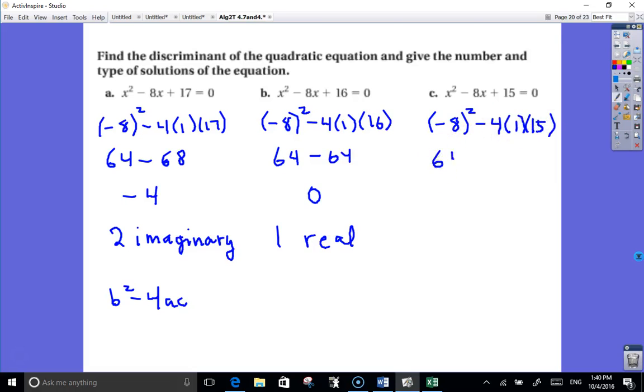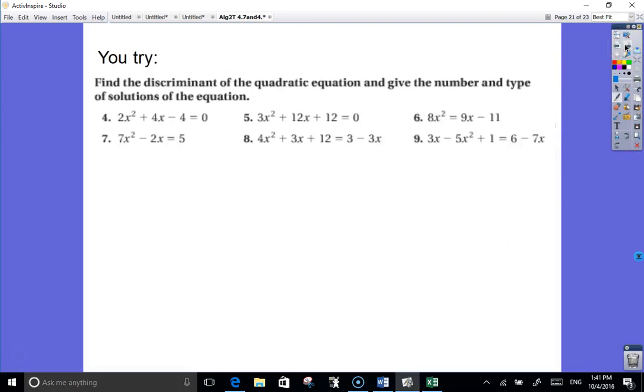That's 64 minus 60, which is 4. How many and what type of solutions? Two real. So try to do a couple here, and then we'll be done. Try to do the 3, 5, and 6.